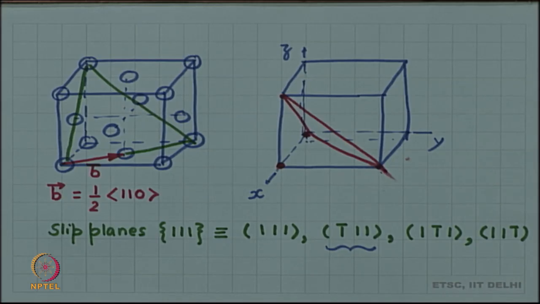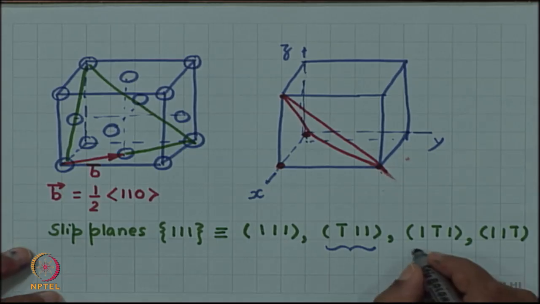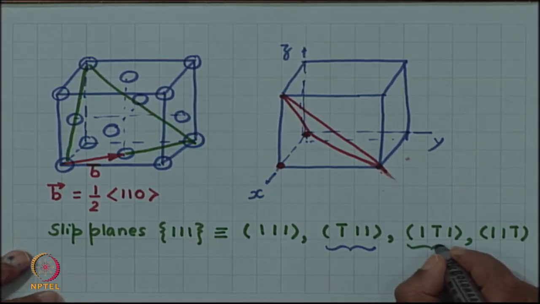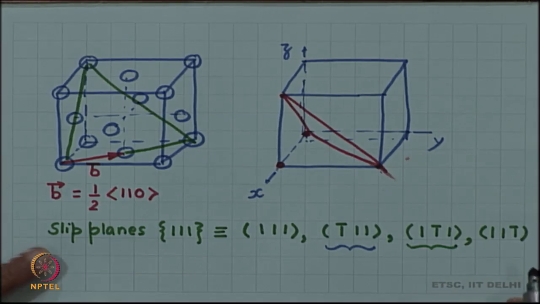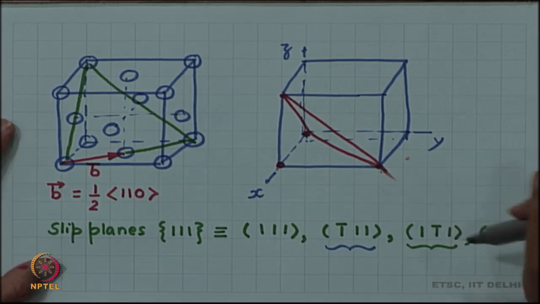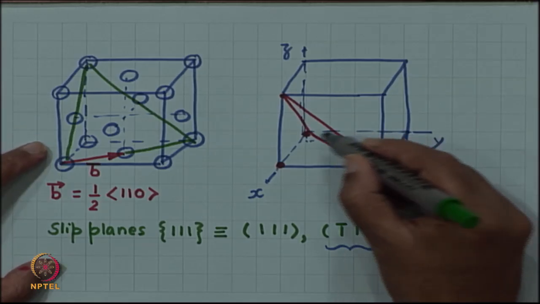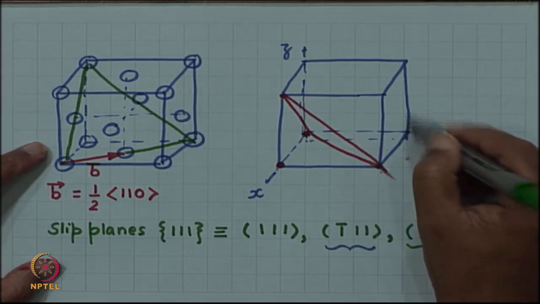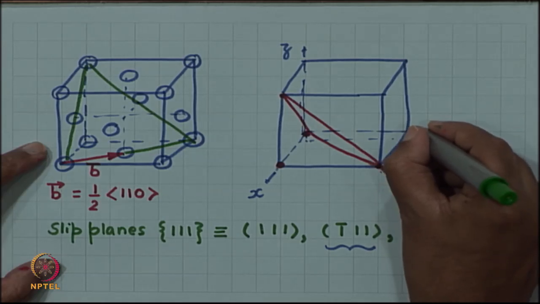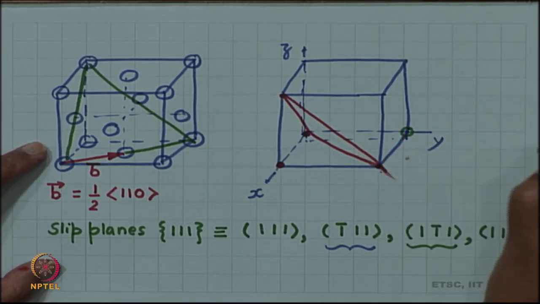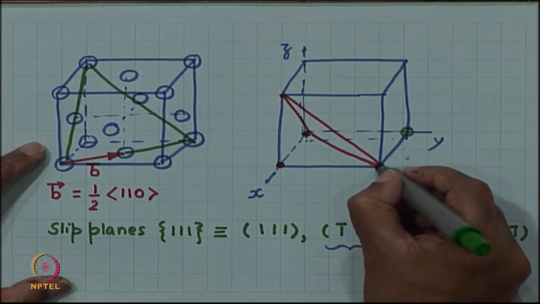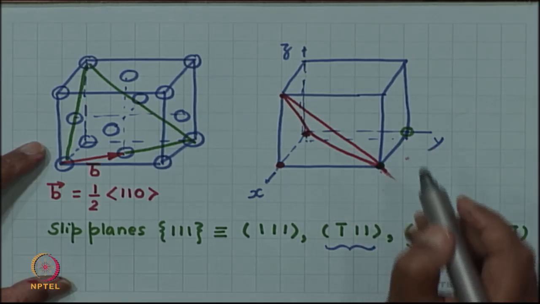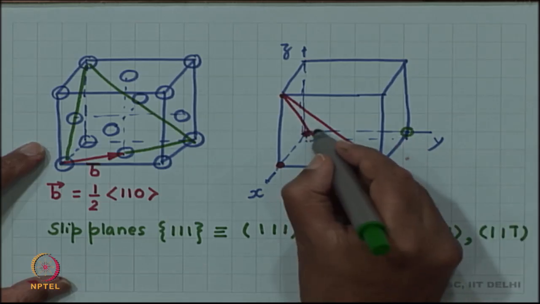Now, let me draw another plane which is 1 bar 1 1. For 1 bar 1 1 I need to go negative in the y, but positive in x and z. So, this will be a suitable choice of origin for that. So, I go 1 on the x axis. So, there is one point there, minus 1 on y axis.